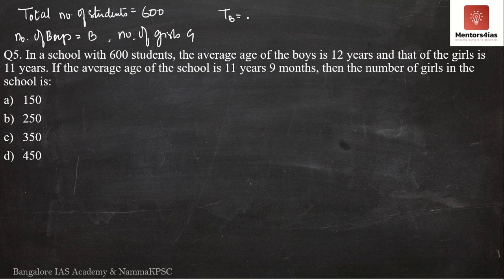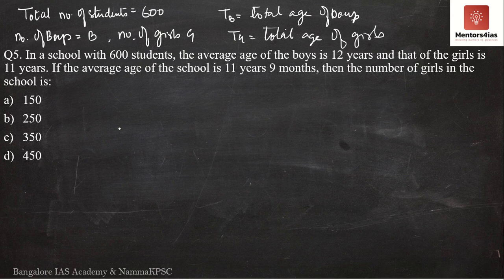TB is the total sum of the age of all the boys. Similarly, what is TG? Let TG be the total sum of the age of all the girls in the class. Then, if the question says the average age of boys is 12 years, what does this mean?